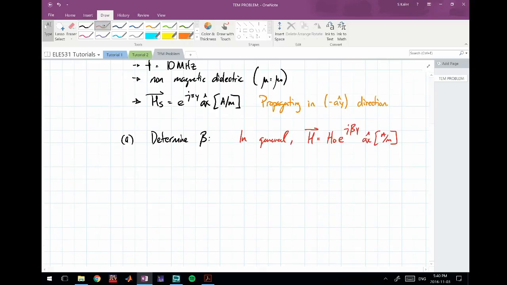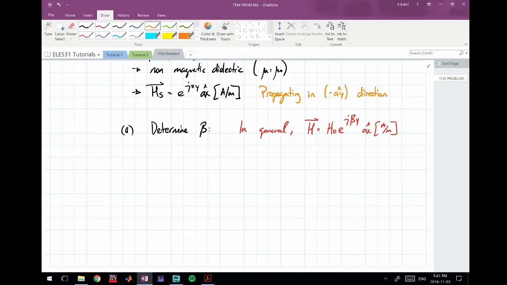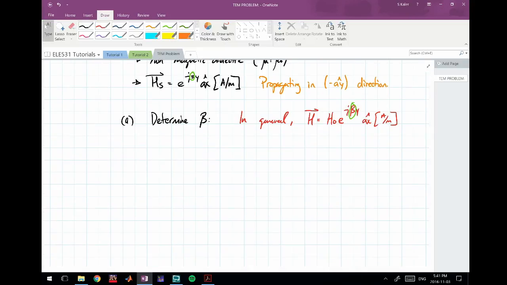And so if we just directly compare these two equations, right away we realize that beta equals pi. Units are always important, they are radians per meter. And just like that, we're done with part A.